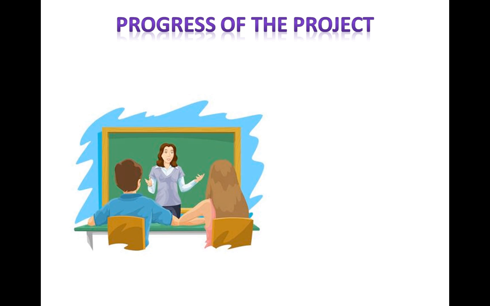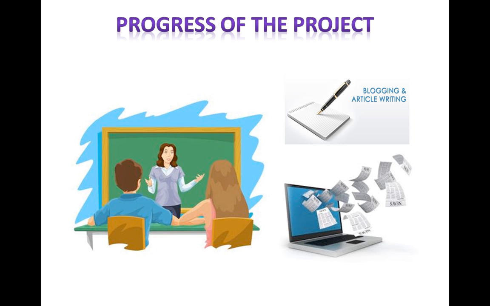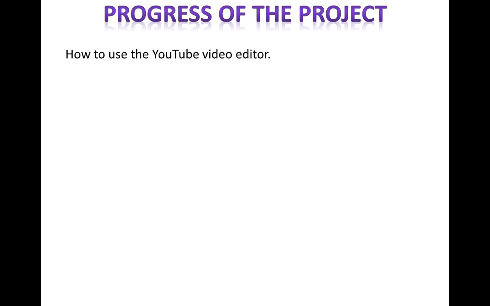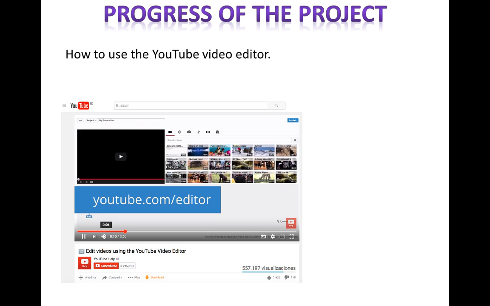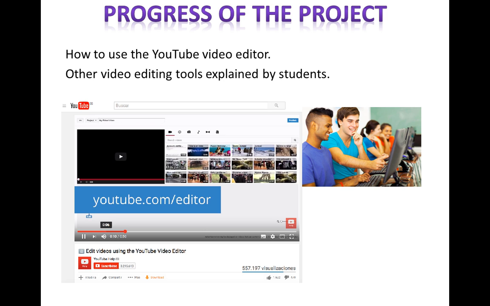Then, the teacher explains the different types of articles that can be made, and also explains how to use the YouTube video editor, and other video editing tools can be explained by students to their classmates in class.